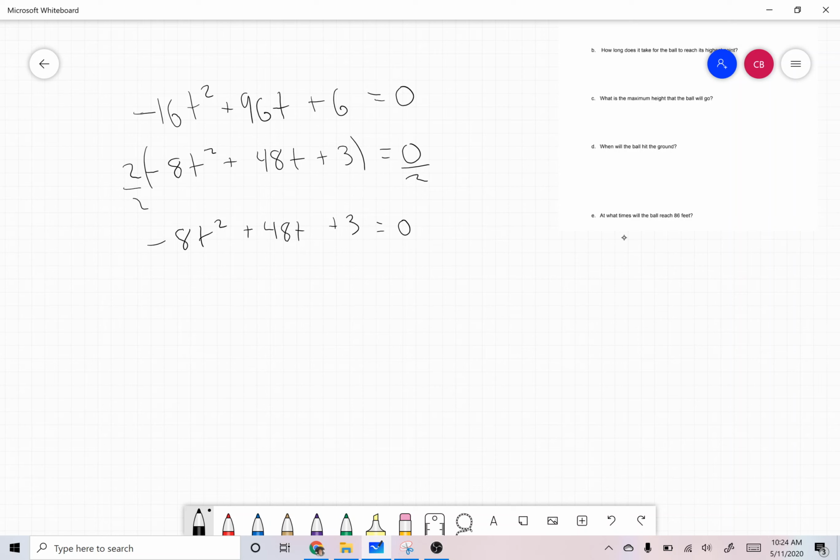So let's use the quadratic formula. We have x is equal to negative 48 plus or minus the square root of b squared, 48 squared, minus 4 times negative 8 times 3, all over 2 times a, which is negative 8.